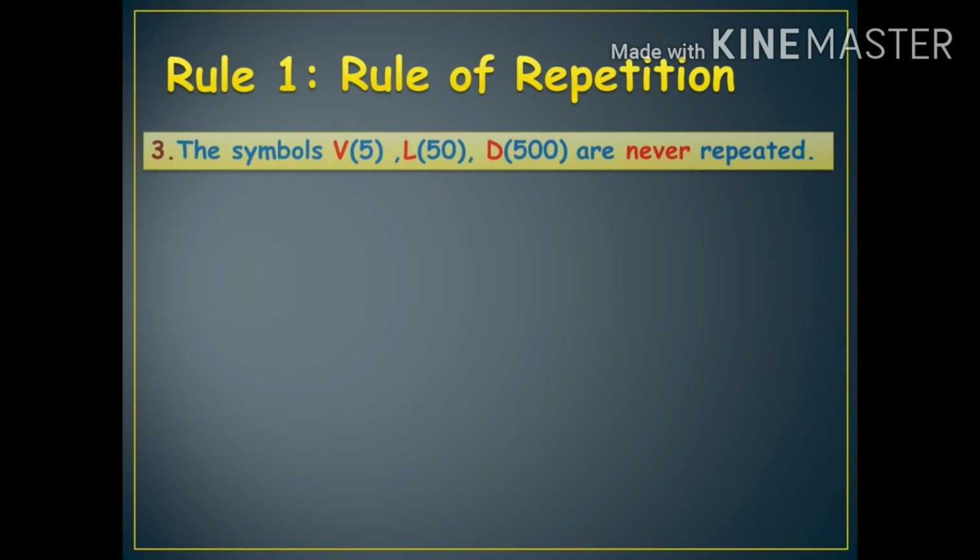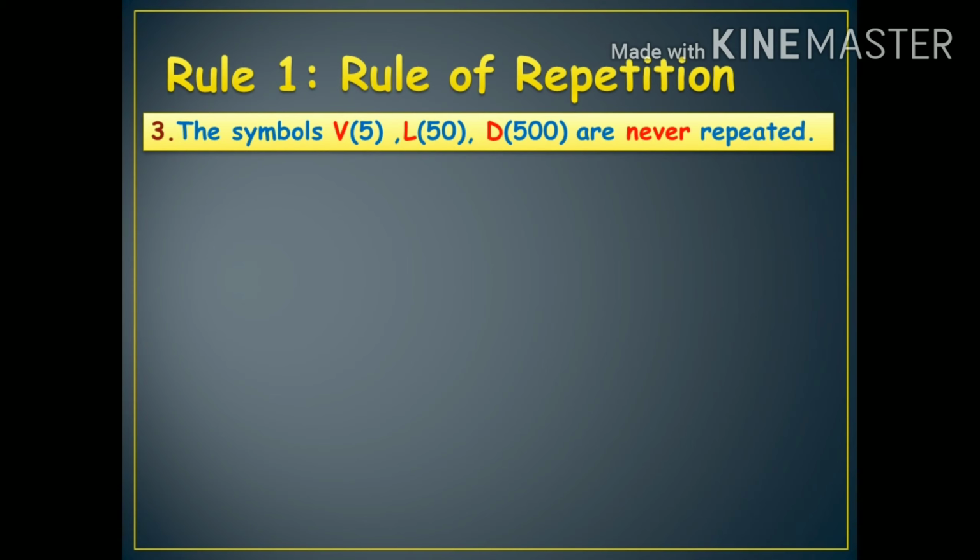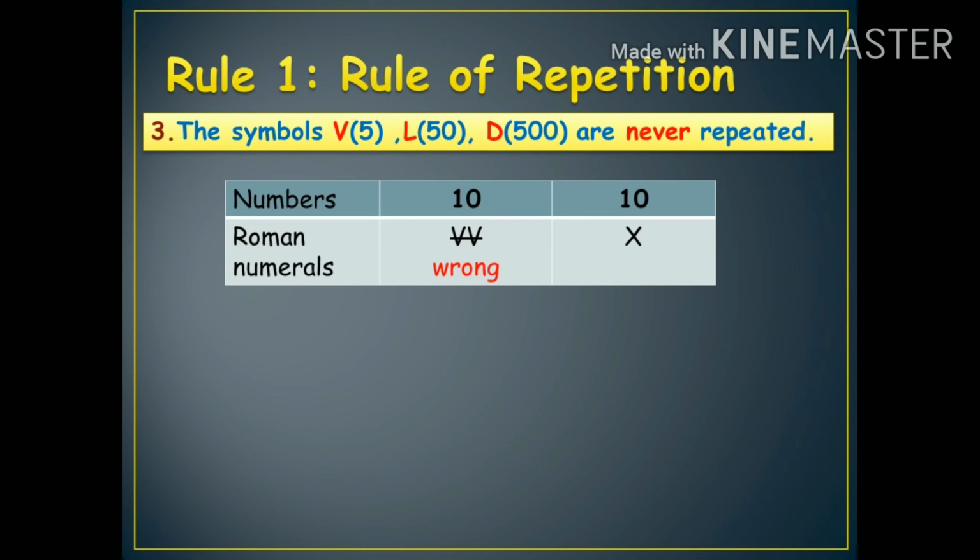The third rule of repetition is that the symbols V, that is 5, L, that is 50, and D, that is 500, are never repeated. For example, can we write 10 as 2 times V?